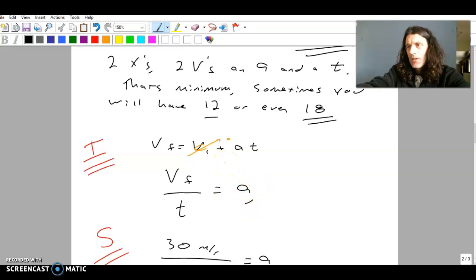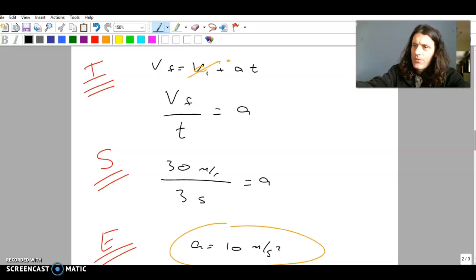Then I put numbers in. Here's the substitution part. 30 over 3 equals A. Obviously that's easy. It's just 10 meters per second squared.